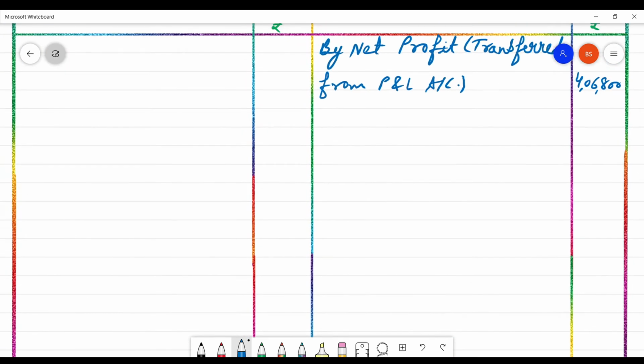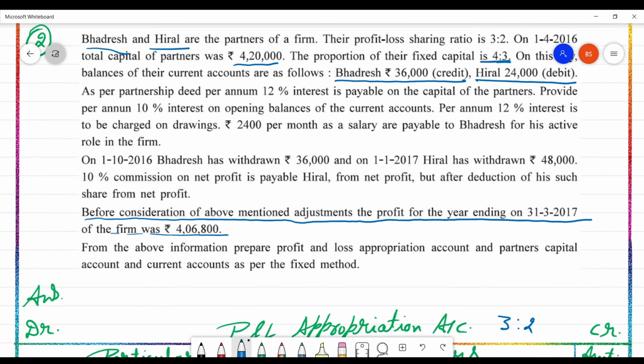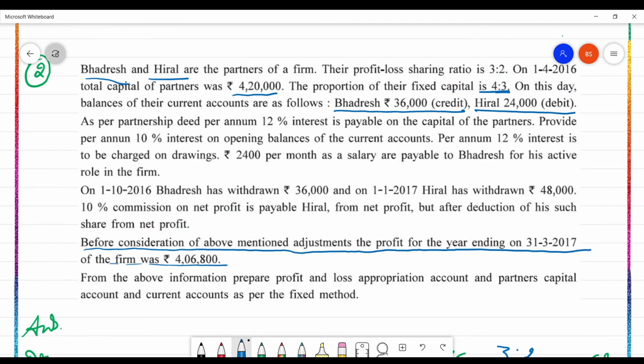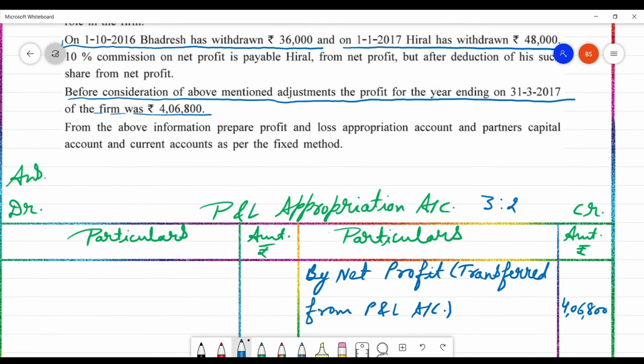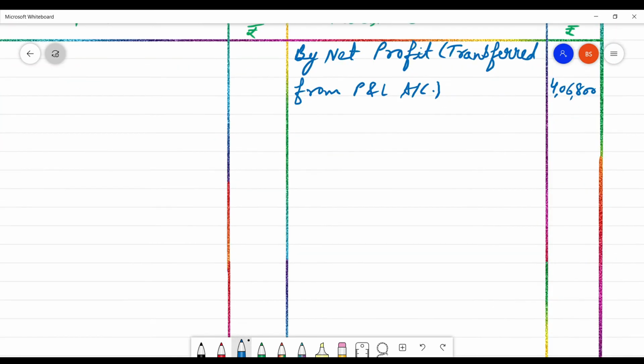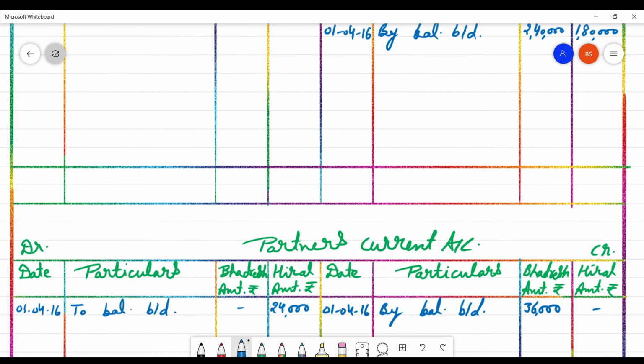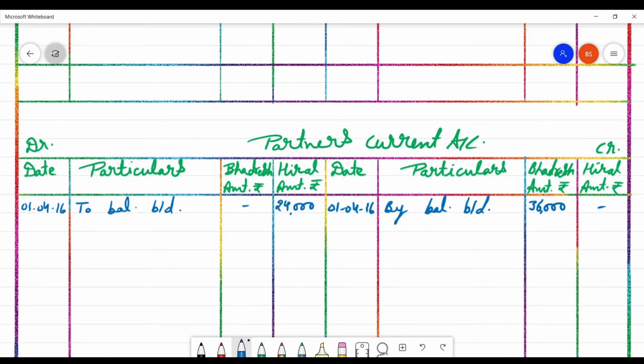So what is the drawings? In the next paragraph, it is written that on 1/10/2016, Bhadresh has withdrawn 36,000 and on 1/1/2017, Hiral has withdrawn 48,000. So we will write down it in the debit side of the current account. Every entry will be put in the current account except capital balance in the debit side of the partner's current account.